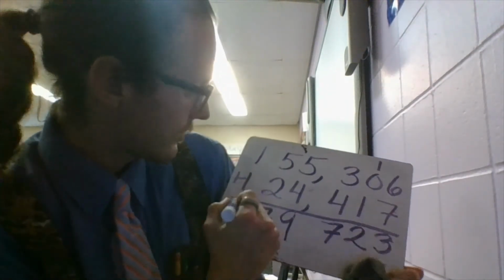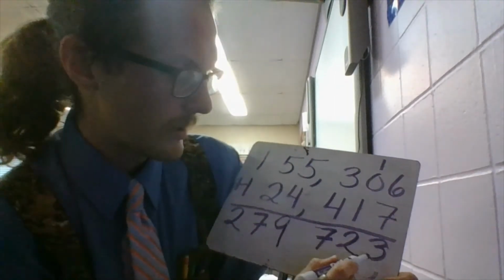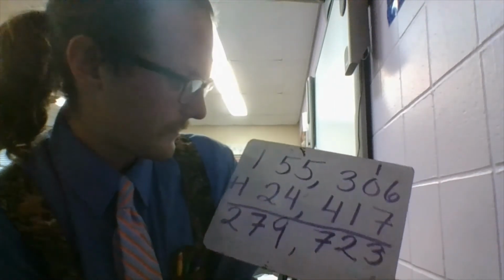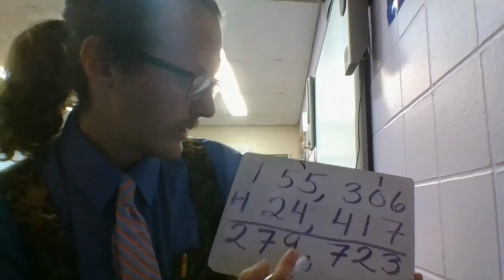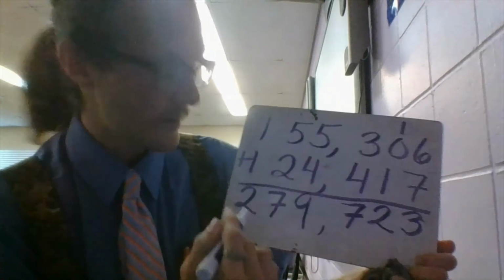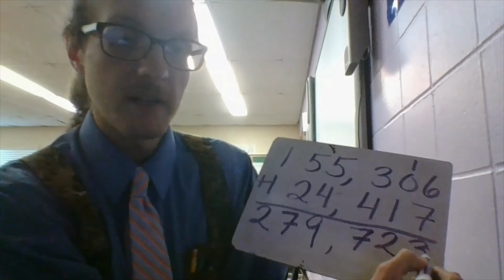And 1 plus 1 is 2. Don't forget your comma. So total pairs of footwear, 279,723.